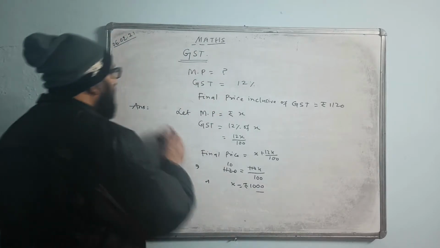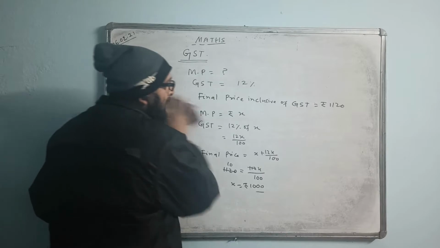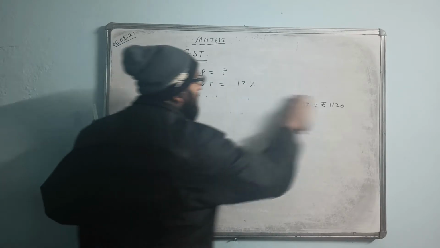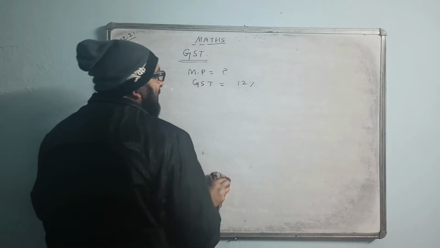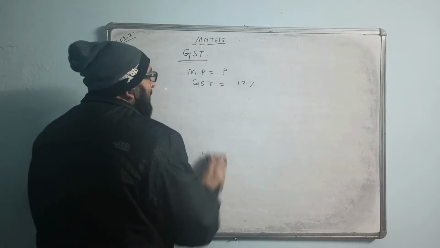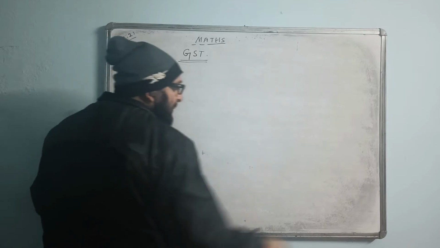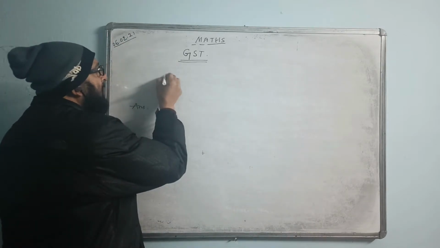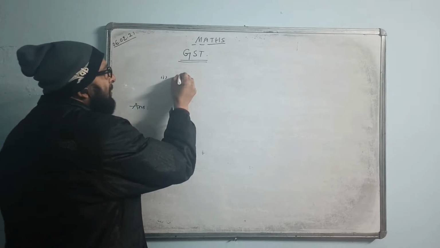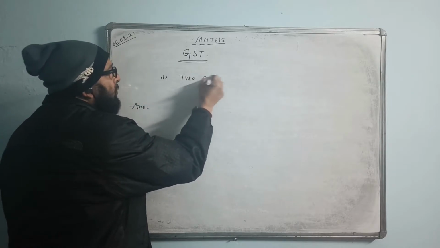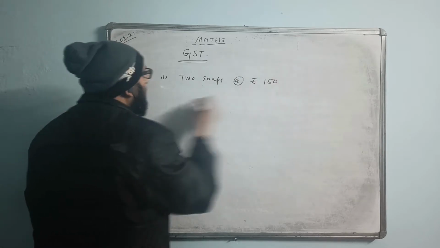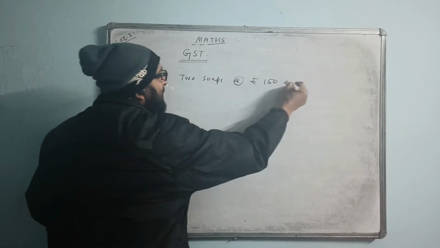Okay, then. Another type in GST which they may ask is like this. Different items may be given. The man goes to a departmental store where he buys something, suppose two soaps at the rate of rupees 150 each.